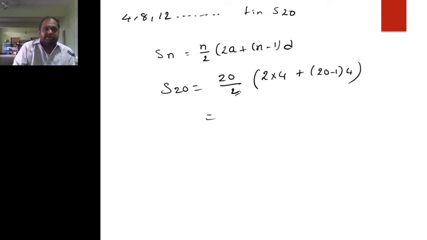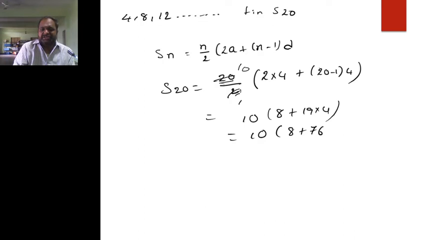Here 2 ones, 2 tens, 2 tens are 20. 10 into 8 plus 19 into 4. Okay. That is equal to 10 into 8 plus 76. 19 fours are 76. 10 into 76 plus 8, 84. So the sum is 840.